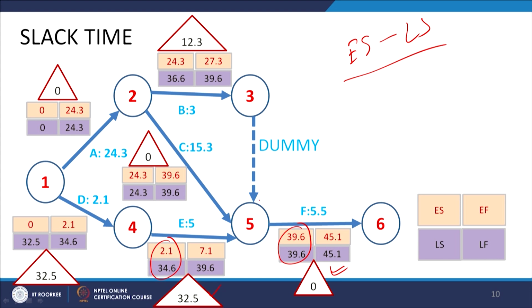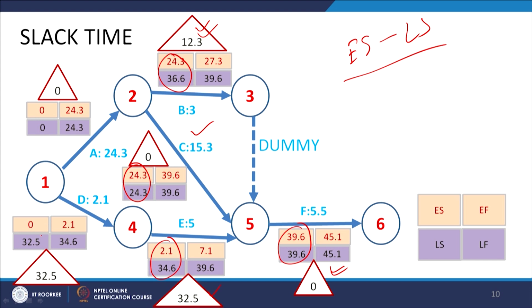This is the dummy activity. For activity B, the difference is 12.3, and for activity C the difference between latest start and earliest start is 0.